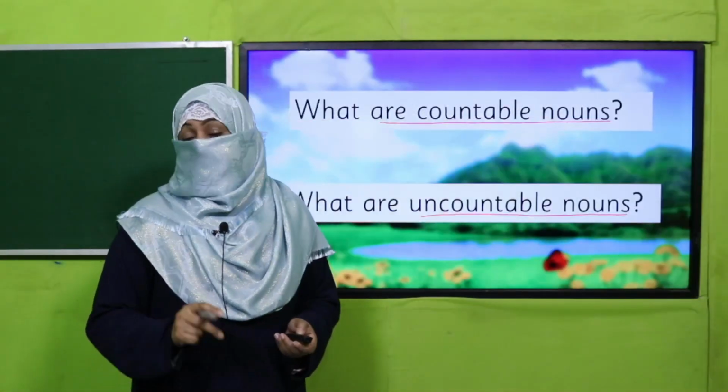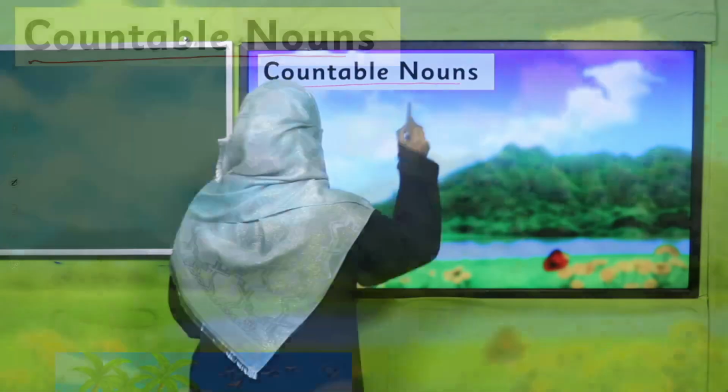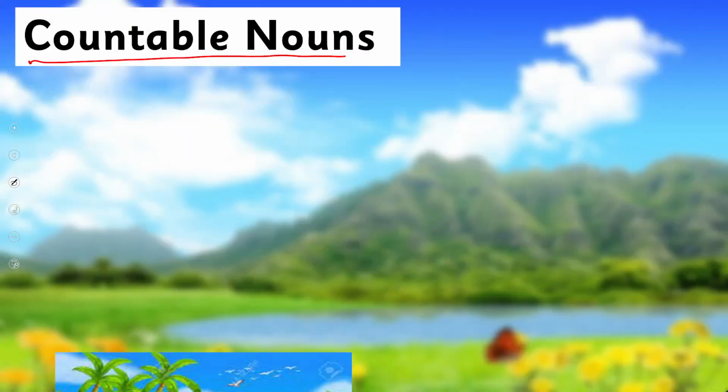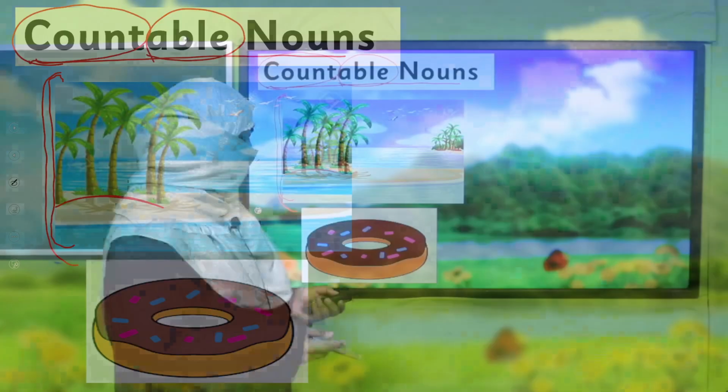Yes, my dear students, I hope you could recall countable nouns refer to something which we can count. Countable, which can be counted. One picture, one island, 5 trees, anything which we can count.